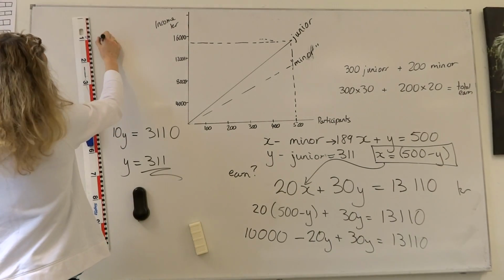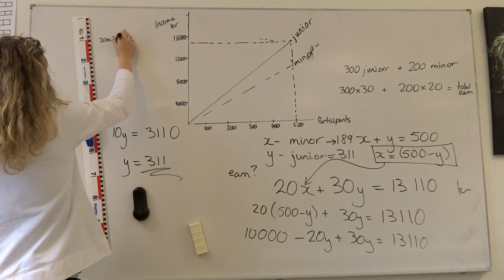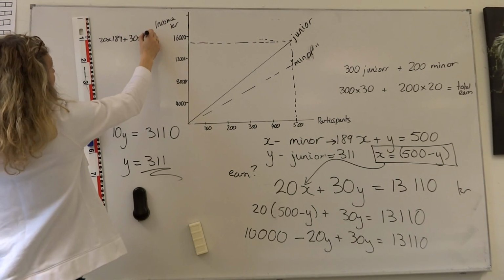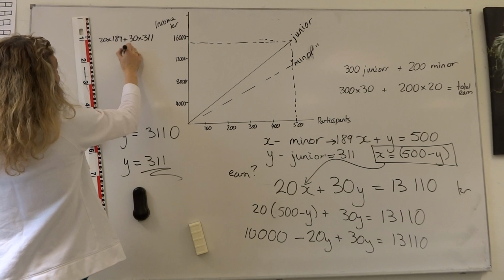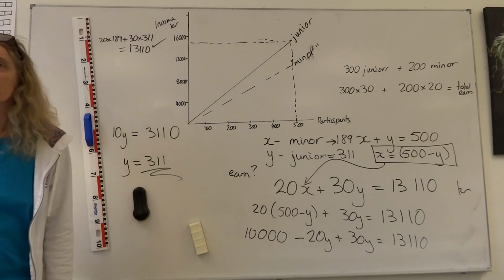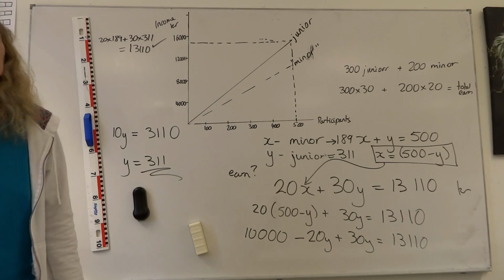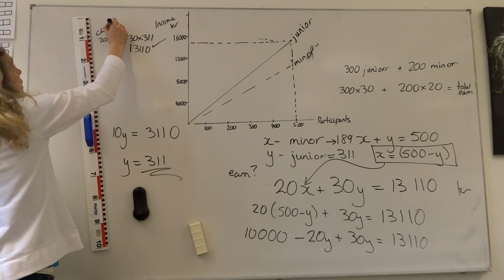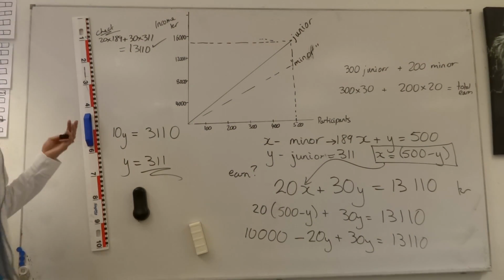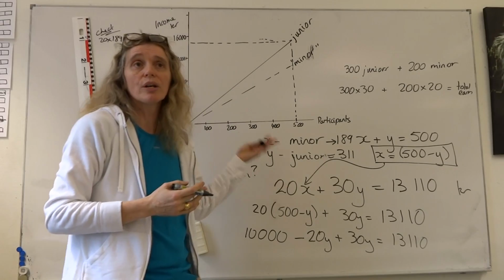That 20 times 189 plus 30 times 311 will equal 13,110. And if you do that in your calculators, it does equal that. So you've done your check as well, which is the beauty of algebra with simultaneous equations. You can always check that the answer that you got is correct.